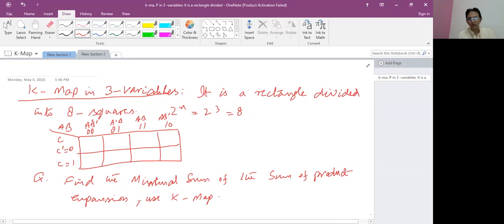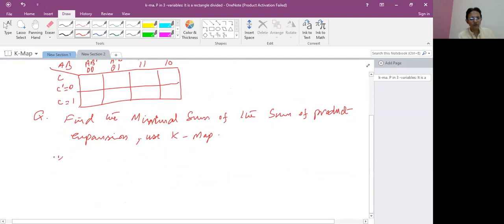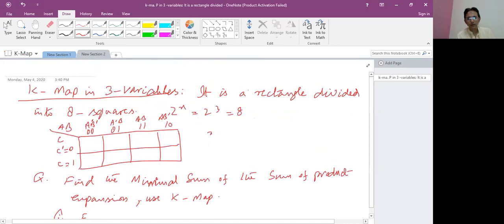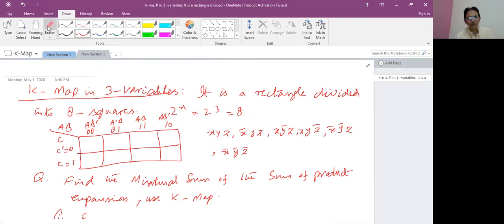This is a student question. So first part, the Boolean expression you have given is represented by capital E. As you know, first we determine there are 8 min terms in 3 variables x, y, z: x complement y z, x y complement z, x y z complement, x complement y complement z, and so on.